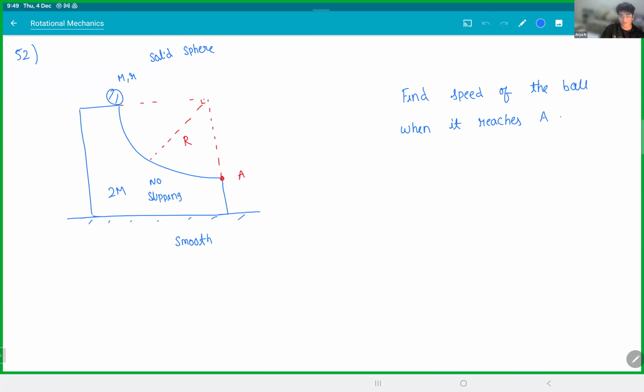So can we consider small r very much less than the big R? No, don't consider.